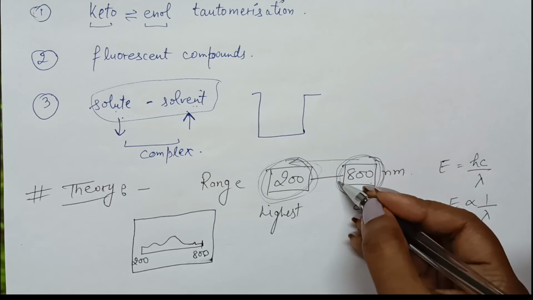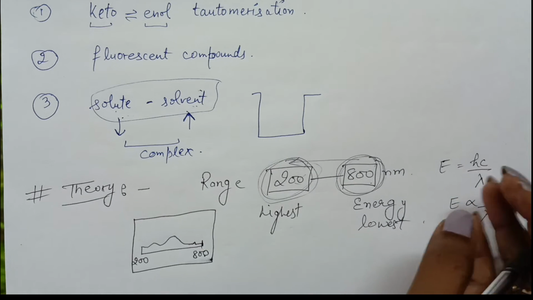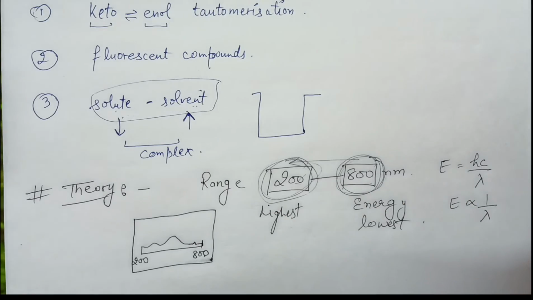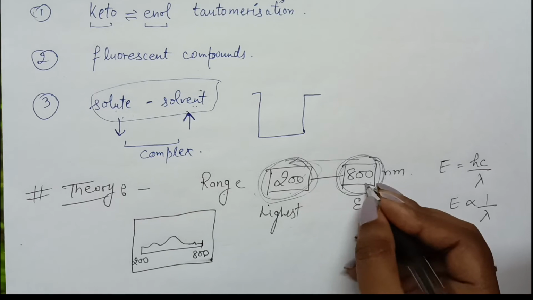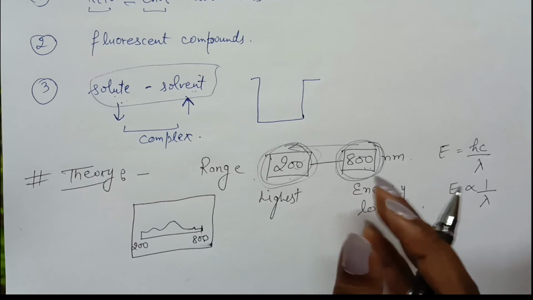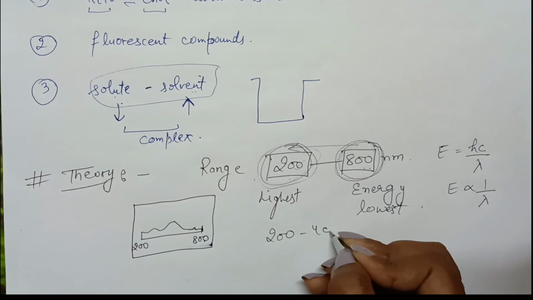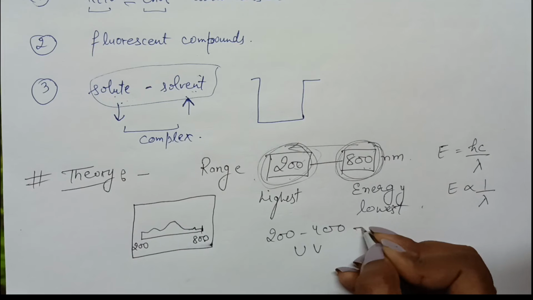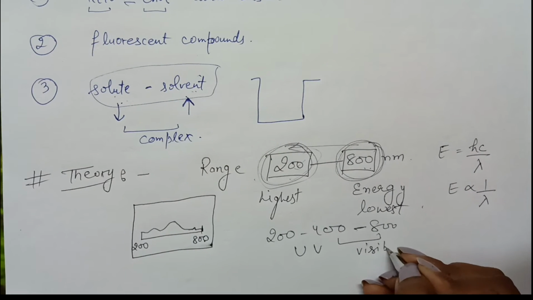Because the scanning process starts with the lowest energy and moves towards the highest energy. This is the main reason. Now you know the range of UV visible, roughly 200 to 800. If we talk about UV and visible separately, then 200 to 400 is the UV range, and 400 to 800 is the visible range.